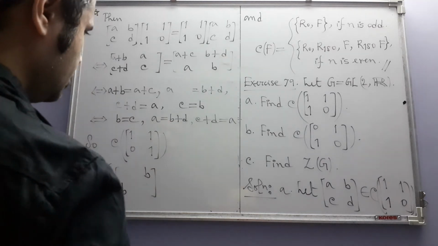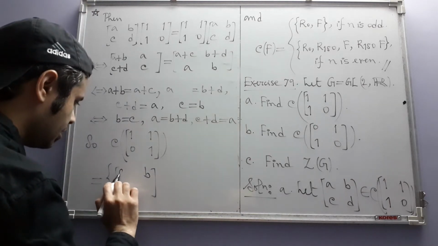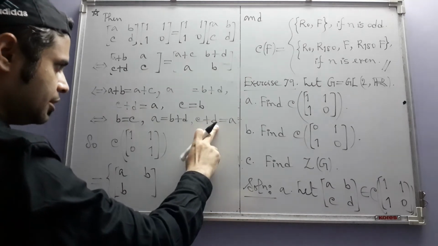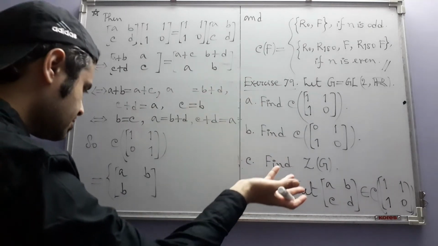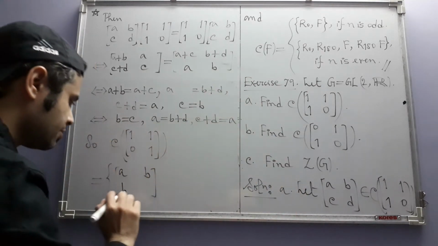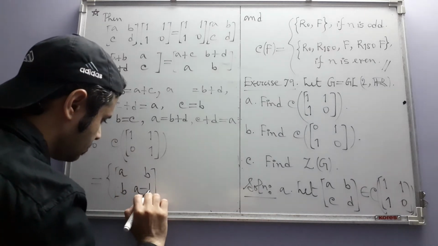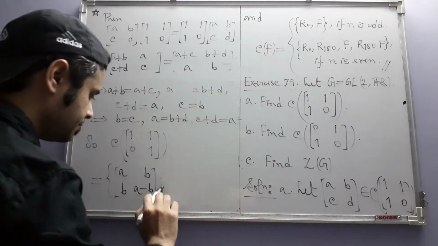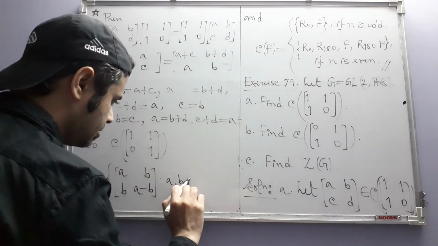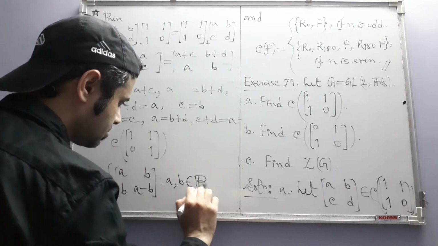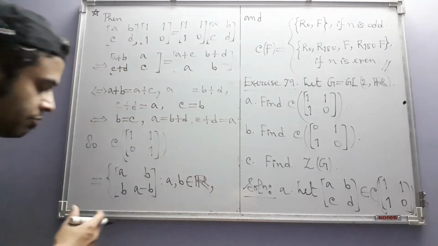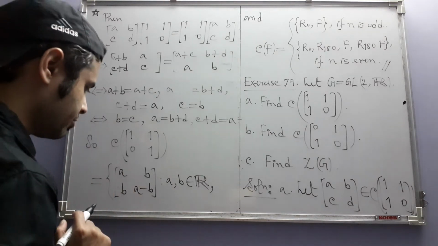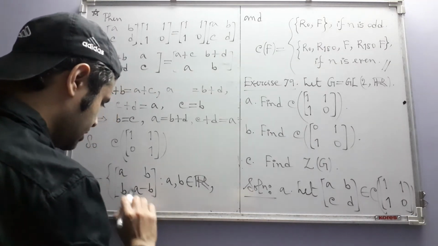If we keep A as it is, then D is A minus C, but since B is equal to C, we have A minus B, where A and B are real numbers, and we want non-singularity also, so the determinant should be not equal to 0. What is the determinant?